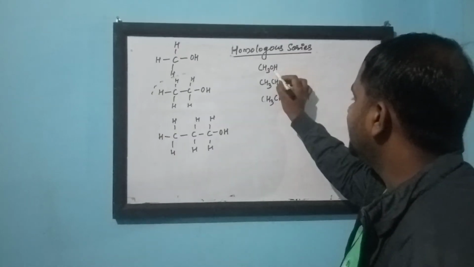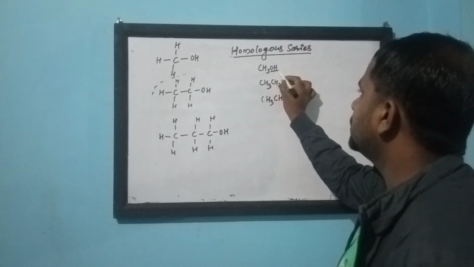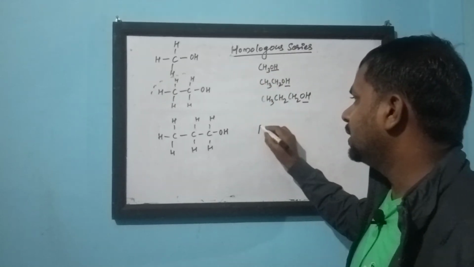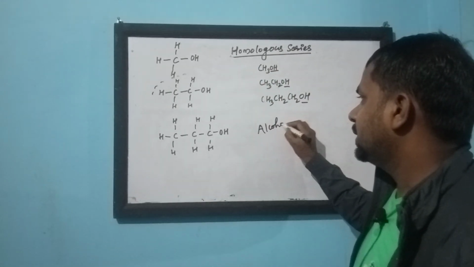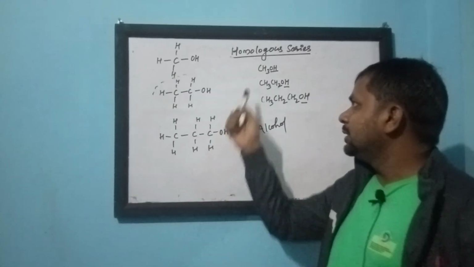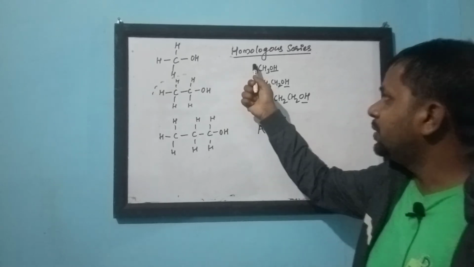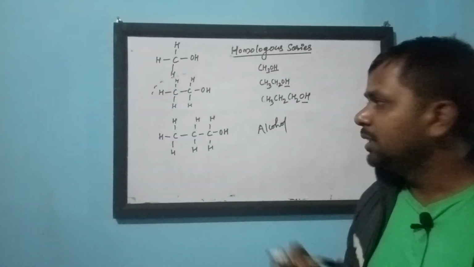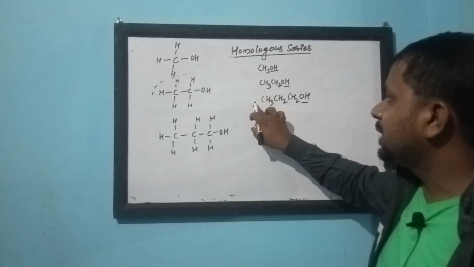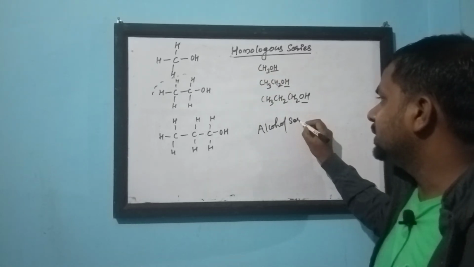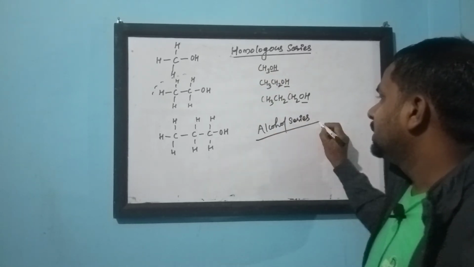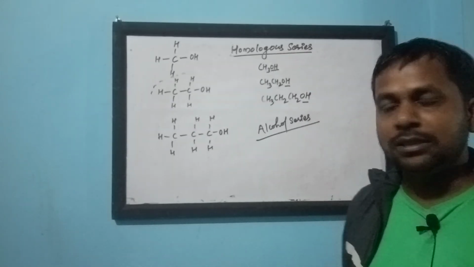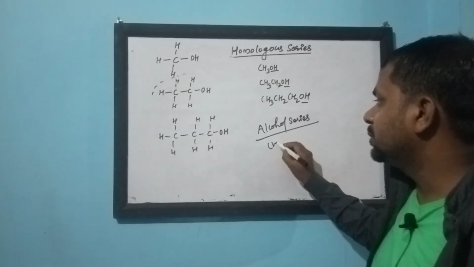Every compound contains OH, it means all these compounds are alcohols. And these compounds differ from each other by a CH2 group, so we can call this the alcohol series. They contain a similar functional group and they differ from each other by a CH2 group.